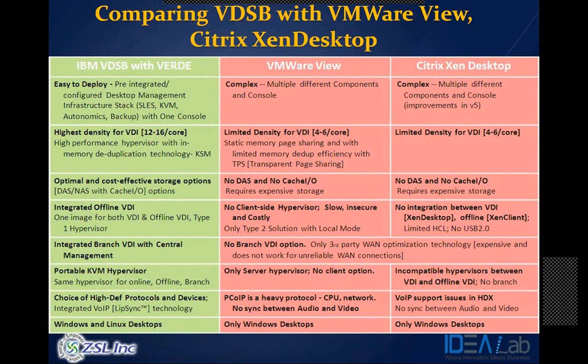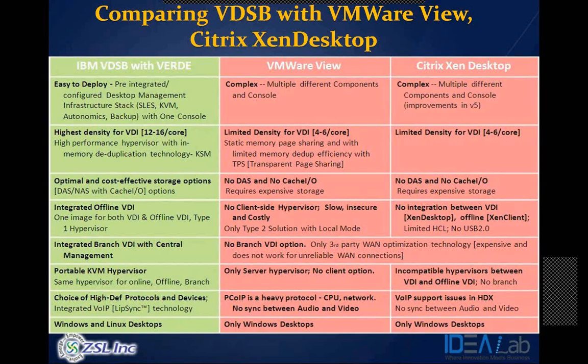The integrated offline VDI: the VDSB and the PowerCube solution use the same hypervisor no matter if you're at the office, doing an offline VDI session, or in a branch office. We use it all throughout.